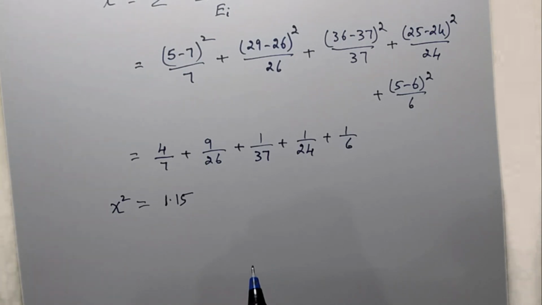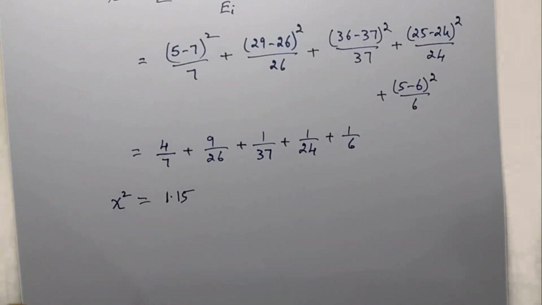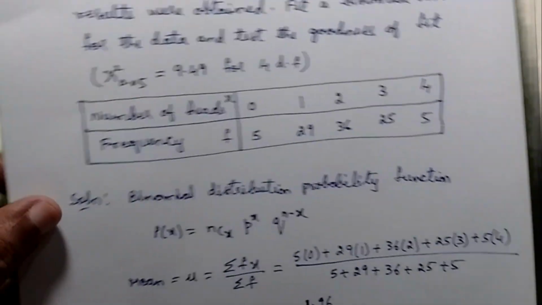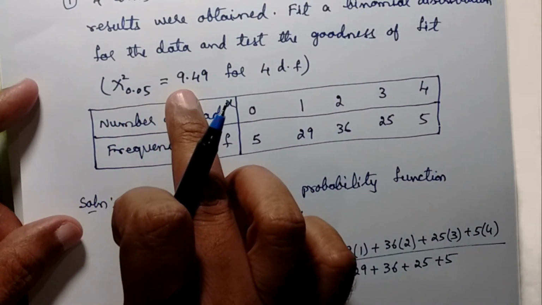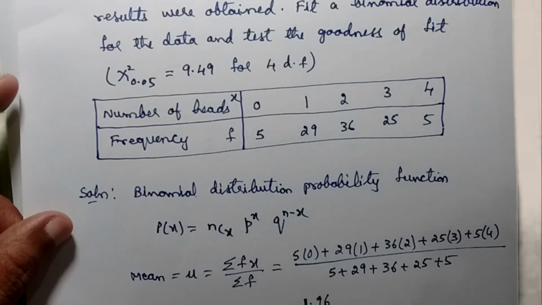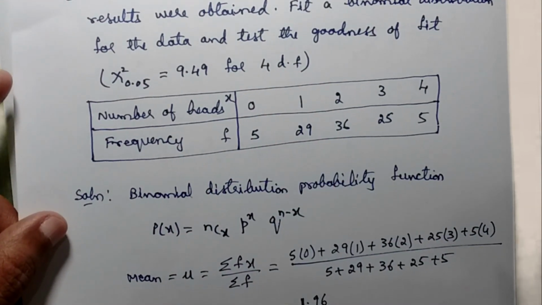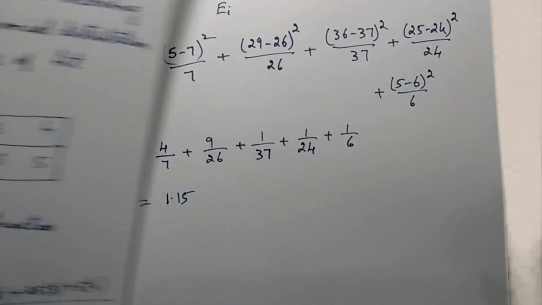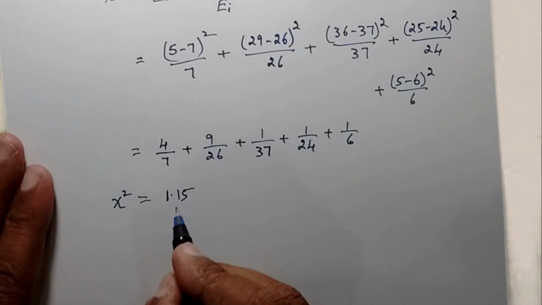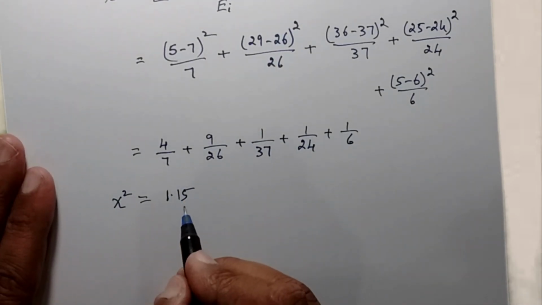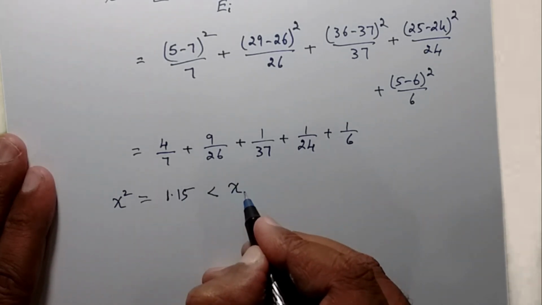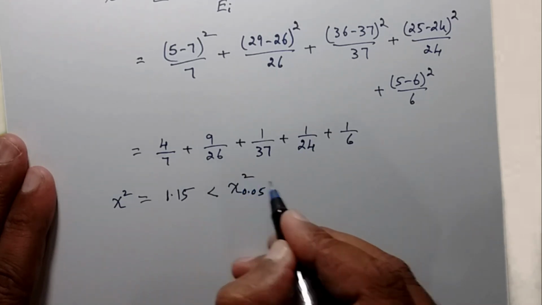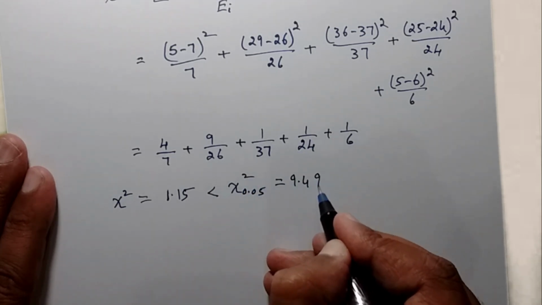Now we need to check this particular value with the value that is given in the question. So if you go back to the question over here, chi-square of 0.05's value is 9.49 for 4 degrees of freedom. Alright. Therefore, if you try to observe over here, is this value less? So this value is less than the value that you have for chi-square 0.05. Its value is 9.49.